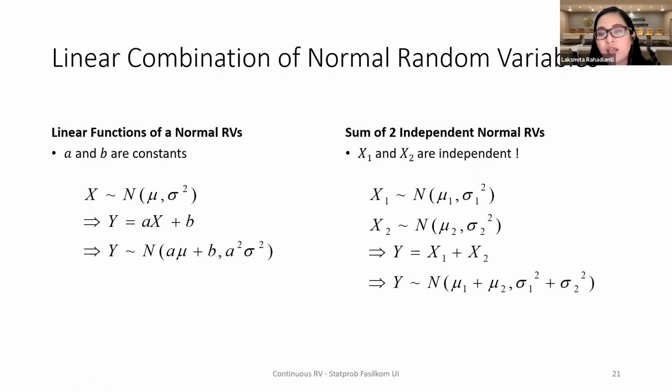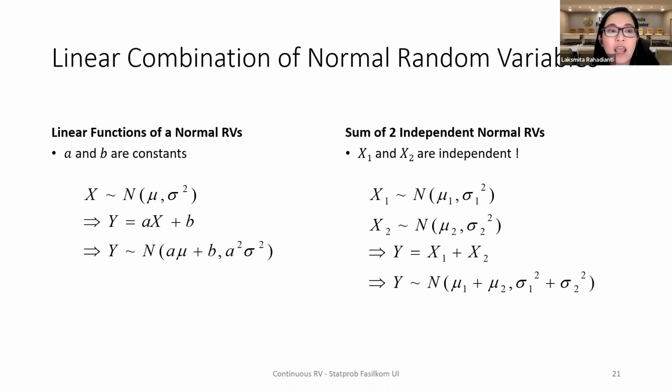If we know that we have distributions that we know for sure follow a normal distribution, we then can combine them into new normal distributions. So here, for example, on our left-hand side, we have linear combinations or linear functions of normal RVs.